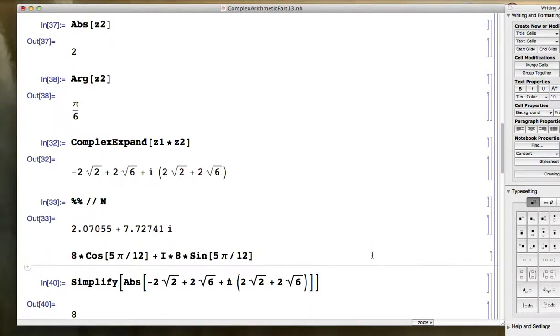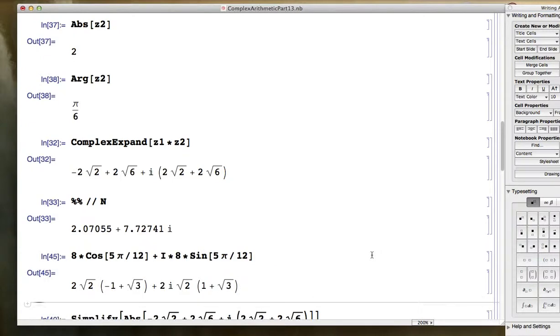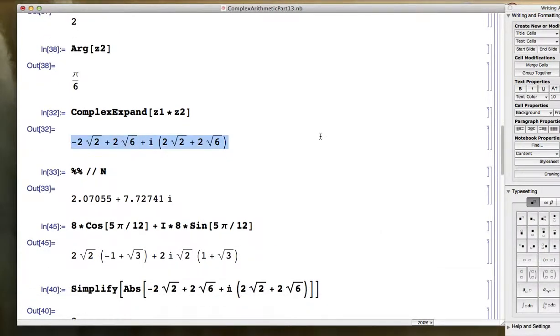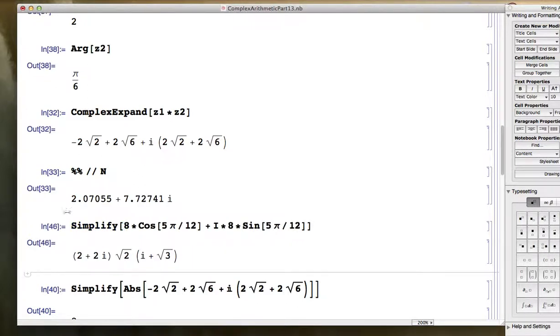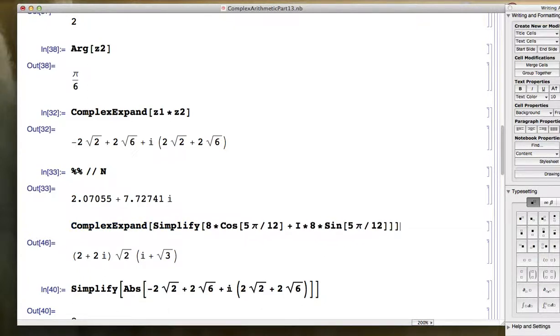So this should be the same thing as this. So let's see, maybe if I simplify it, it'll look the same. Expand it. You can nest these things. There we go. This is exactly the same as this.